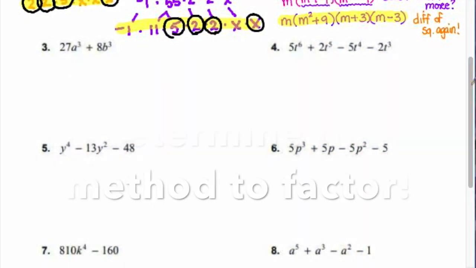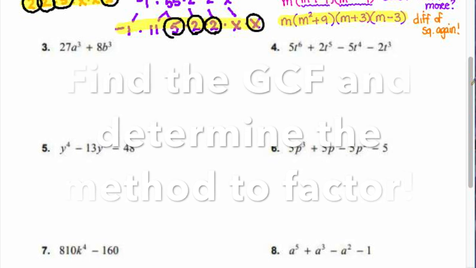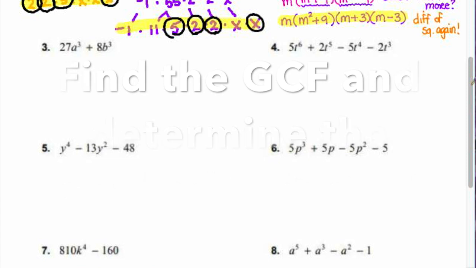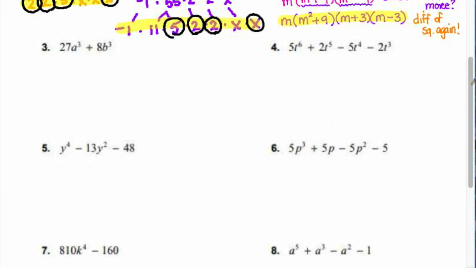Is there a GCF? If there is, go ahead and pull it out. And then which method would you use to factor? Okay, you do not have to go through and completely factor each one. Just which method are you thinking would be the best to use for that polynomial? Come back and check, and then we'll work a couple more together.